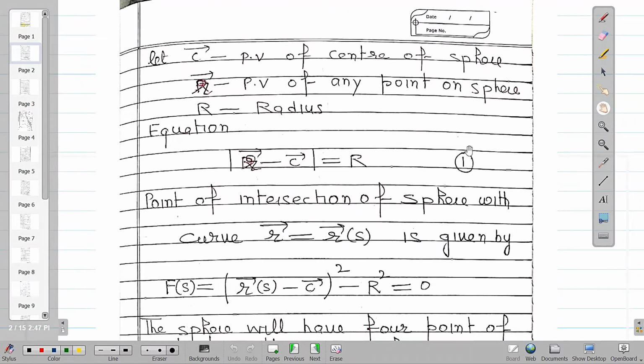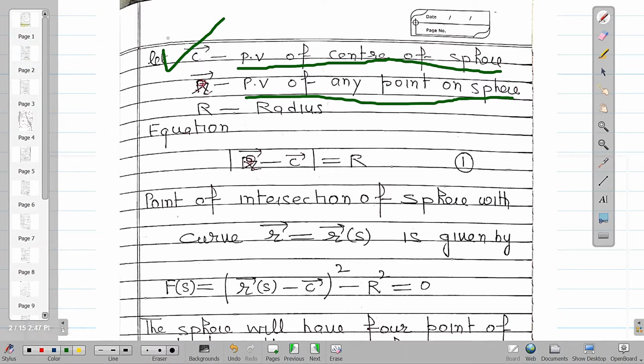If c is the position vector of the center of the sphere, r is the position vector of any point on the sphere, and capital R is the radius, then the equation can be written as the magnitude of r minus c equals R. That is equation number 1.